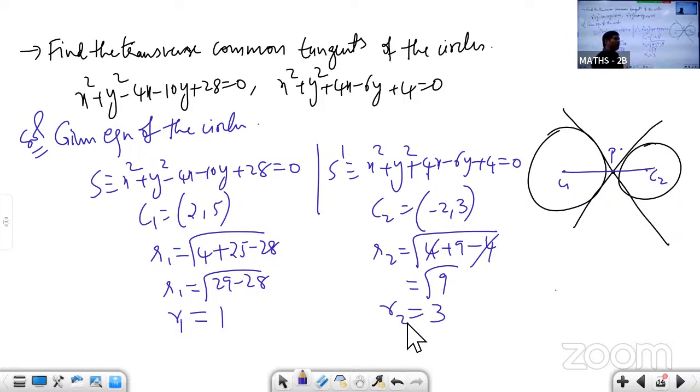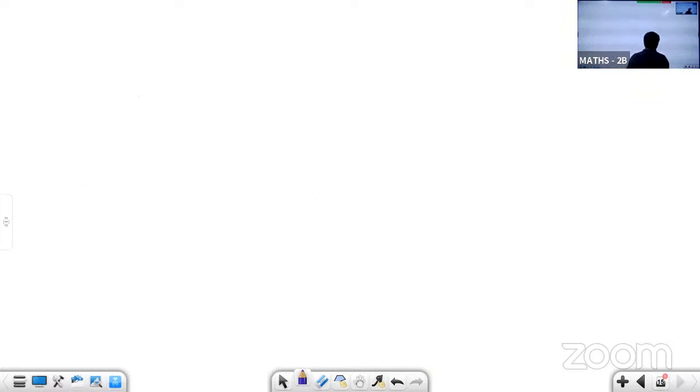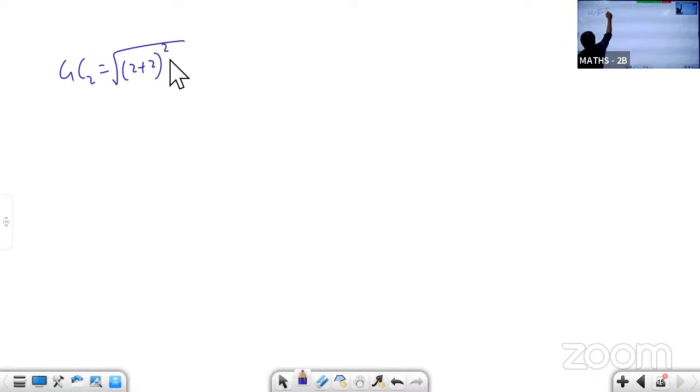Next, what do we have to do? For a transverse common tangent to exist, your circles should be apart from each other. C1C2 must be greater than R1 plus R2. Is it clear? So let us first do C1C2. C1C2 is equal to the square root by the distance formula: root of (2 minus (-2)) whole square plus (5 minus 3) whole square.